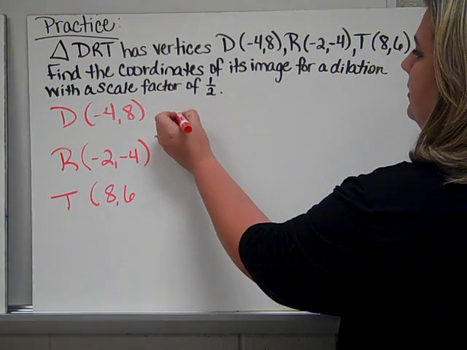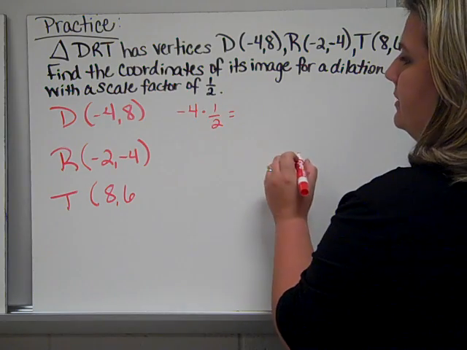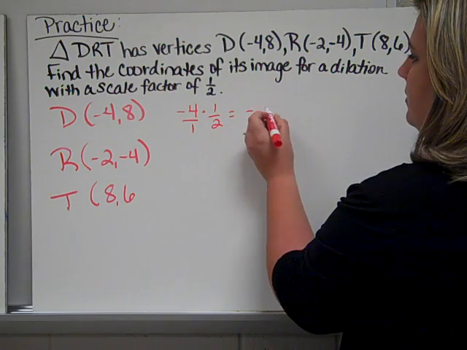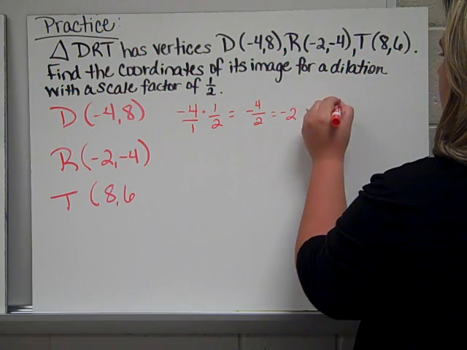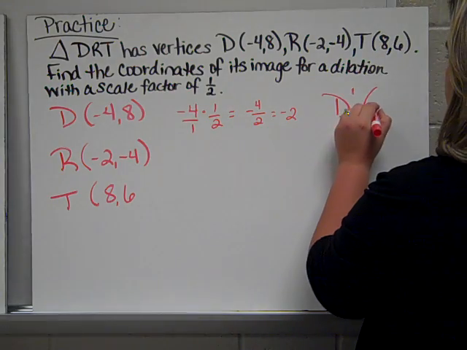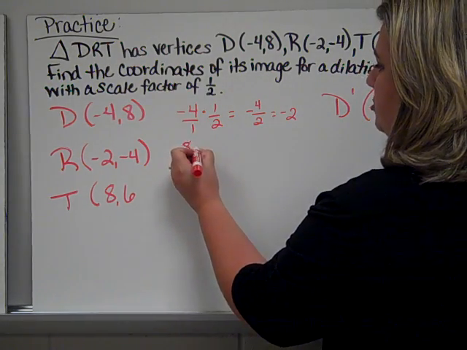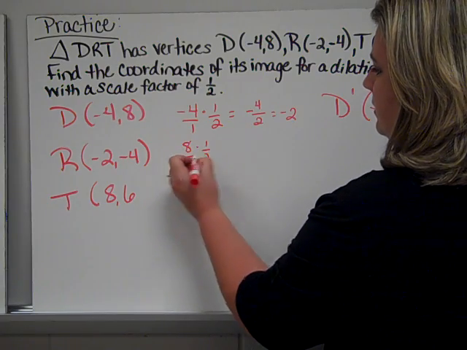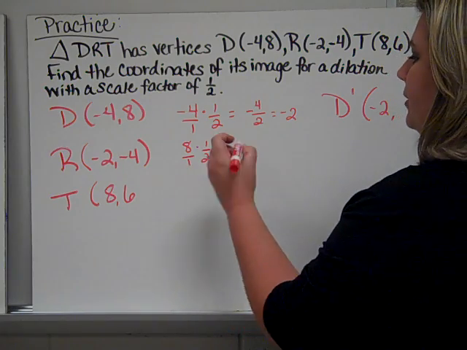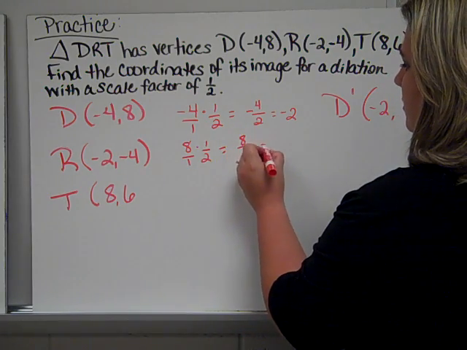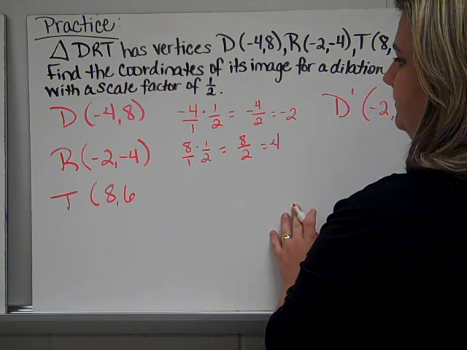So my x, -4, times 1/2, would give me a -2. And then for the y, 8, multiply that by 1/2. Don't forget to put a 1 if you're dealing with fractions and you're multiplying by a whole number. Okay, and that would give me my new y coordinate.